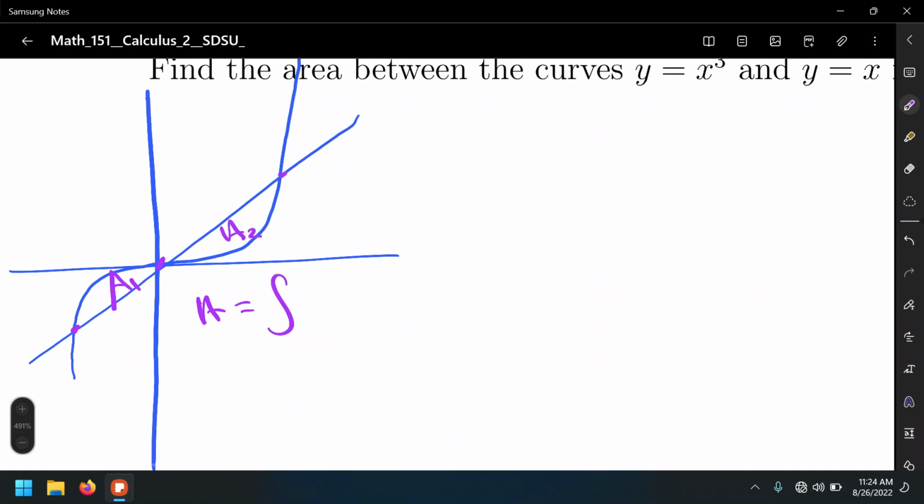That'll be area 1, the integral from whatever number to 0, for example. Let me just call it a. Okay, and that'll be the top minus the bottom, which in this case is x cubed minus the line, which is x. And then this second area, notice how the top minus bottom reverses this time.